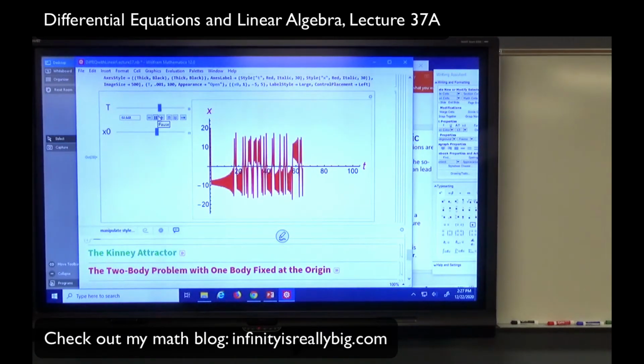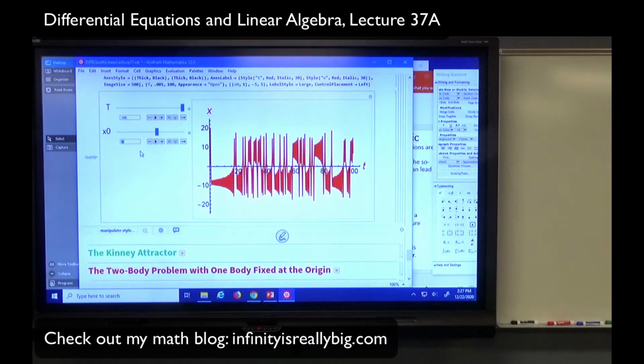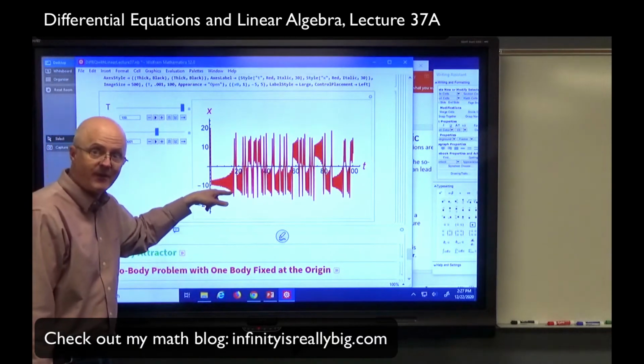Especially once we get past time equals about 17 or so, it's behaving chaotically, kind of unpredictably. And yes, if you change the initial value of x, say, ever so slightly, from 1 to, oh, I don't know, 1.0001, watch it here, I'm about to enter it. Initially, it'll seem very similar.